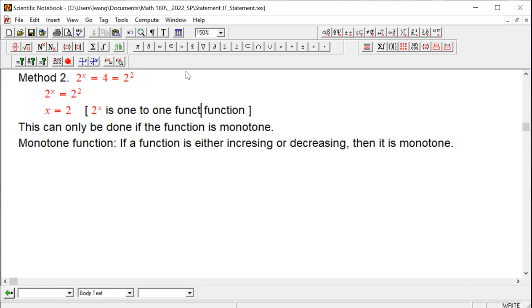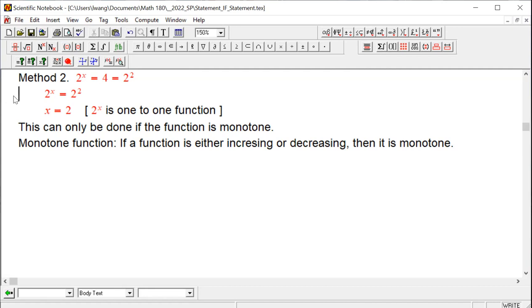Then you say, what does this have to do with one-to-one function? Yes, it does. It's very important because I'm going to give you a contrary example. You cannot do this if a function is not one-to-one. I will give you an example in a minute.